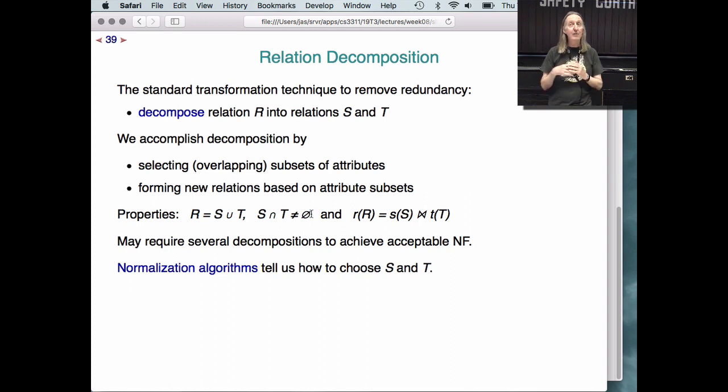We can't have no common attributes across S and T, because otherwise we can't put them back together to reconstruct R. And definitely what we want is to be able to reconstruct R. So we can put S and T together with a join operation, and we want to be able to achieve R, given that.